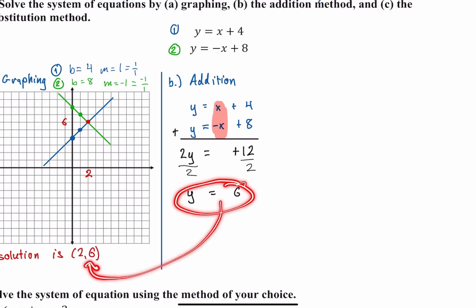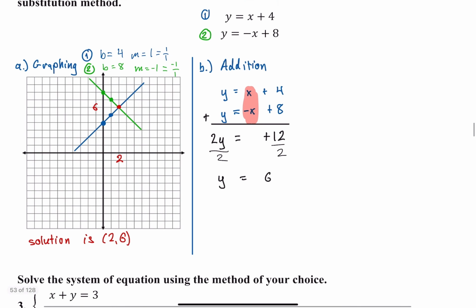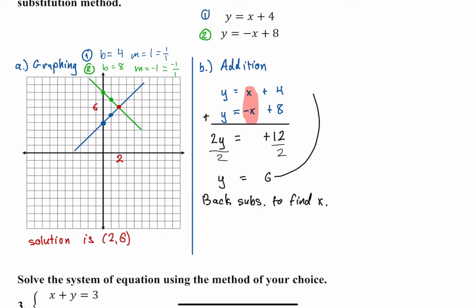Anyway, if you could even kind of look at this, notice this 6 right here is the same one we had got right there. Now, how do we find x? What you would do to find x is you'll back substitute. So we'll pick either equation, and let's plug in y. I'm going to choose the top one, just because it has more positive terms.